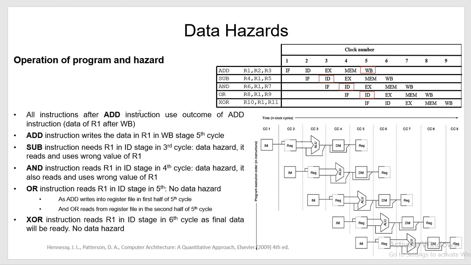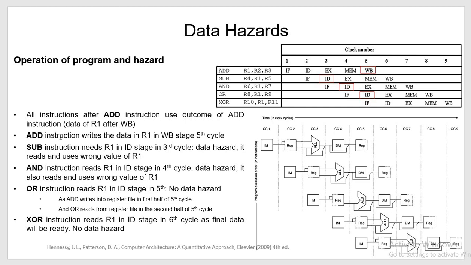All the instructions after the add instruction use the outcome of the add instruction, that is, all the instructions after the first instruction will have to use the data of R1 as one of the operands to perform their operation. But what will happen?